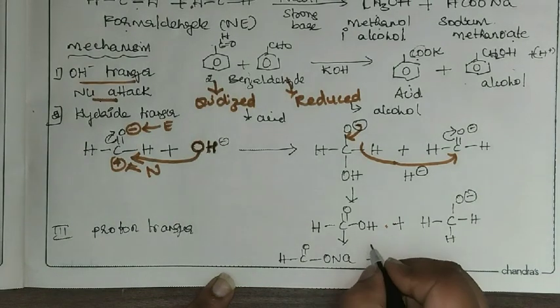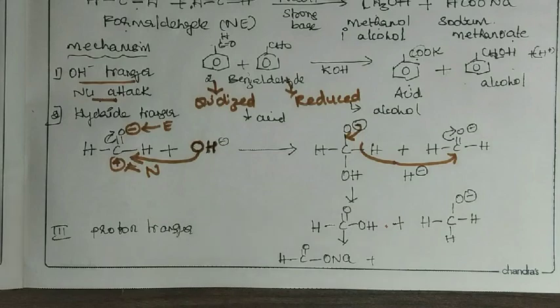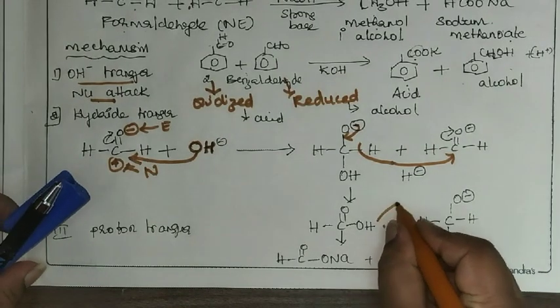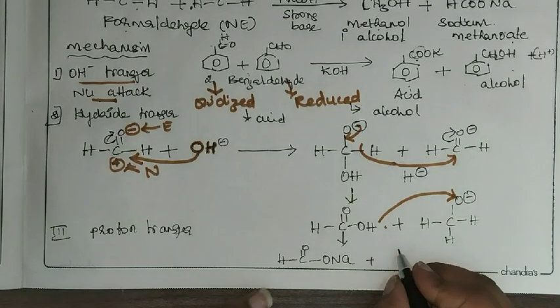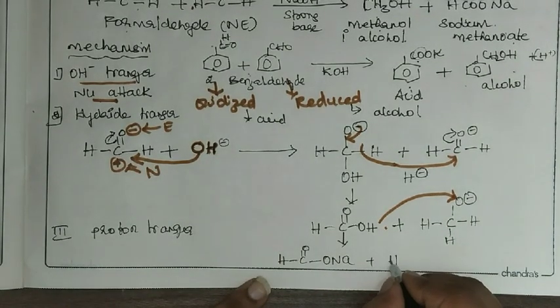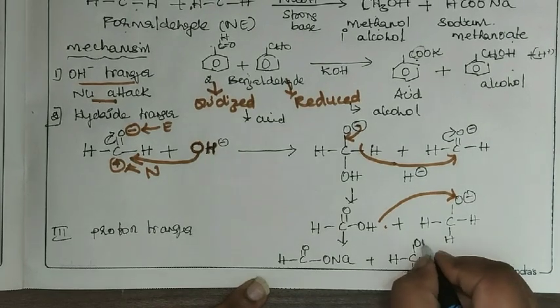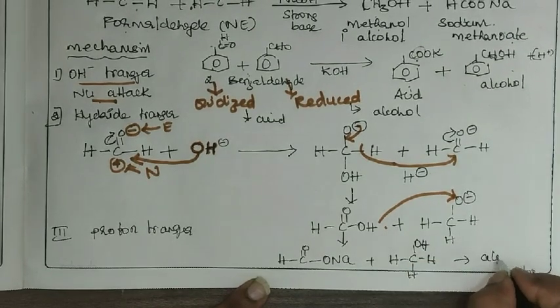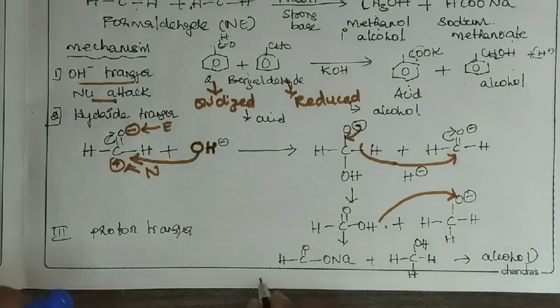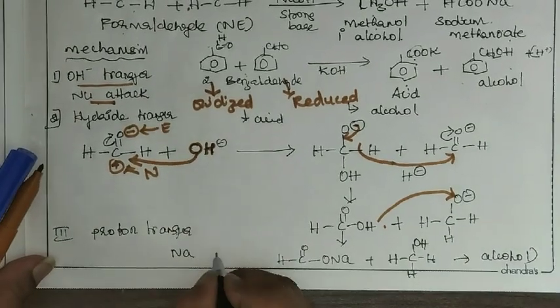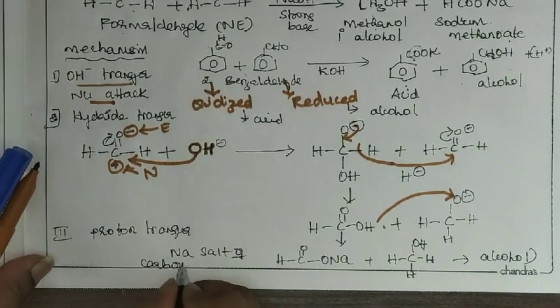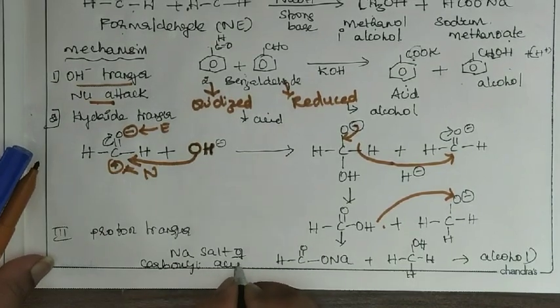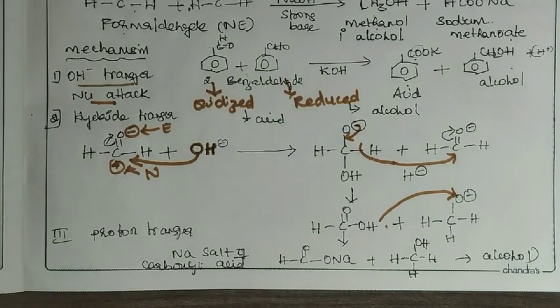And this H plus ion attacks the electron rich oxygen. So we will get CH3OH. This is alcohol, and this is acid, that is the sodium salt of carboxylic acid. So this is the third step.